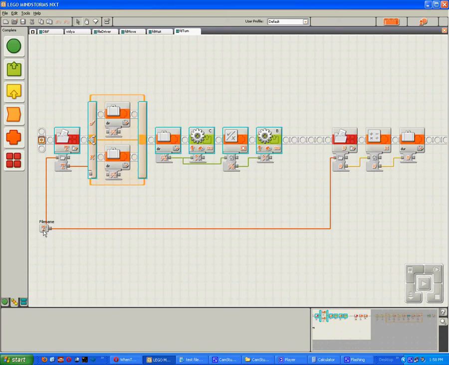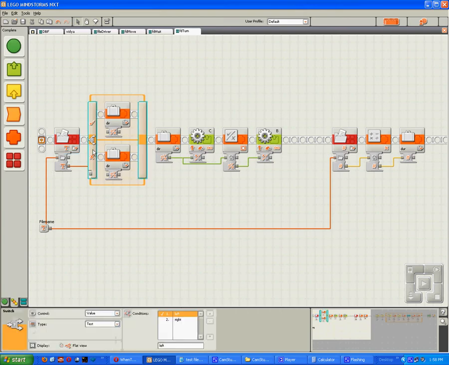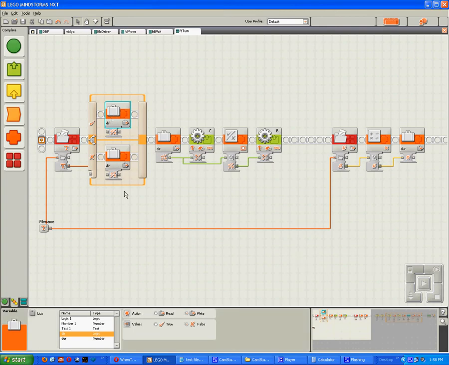So I read in my file name. And then from there I read from my text file. I'm going to read text, and it'll be either left or right. I went ahead and set left as default just because. And when you turn left, you're going to want your left motor to be going backwards.